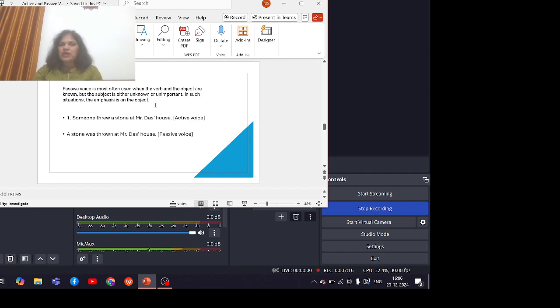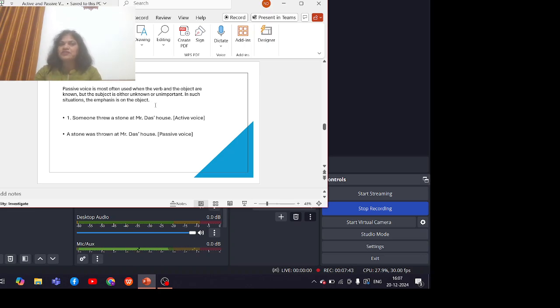Now the next note you have, a very important note, please note it down. Passive voice is most often used when the verb and the object are known, but the subject is either unknown or unimportant. In such situations, the emphasis is on the object. So whenever the subject becomes unknown or unimportant, our emphasis should be on the object.